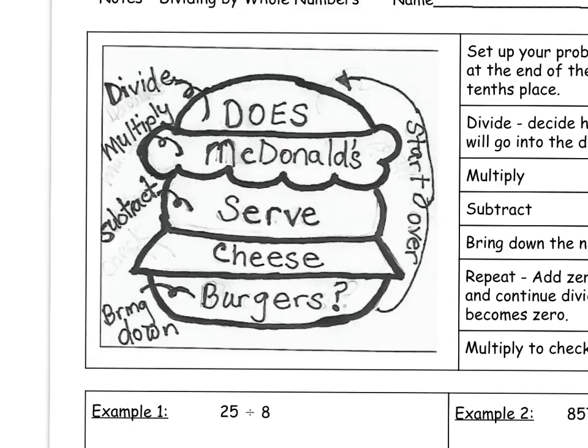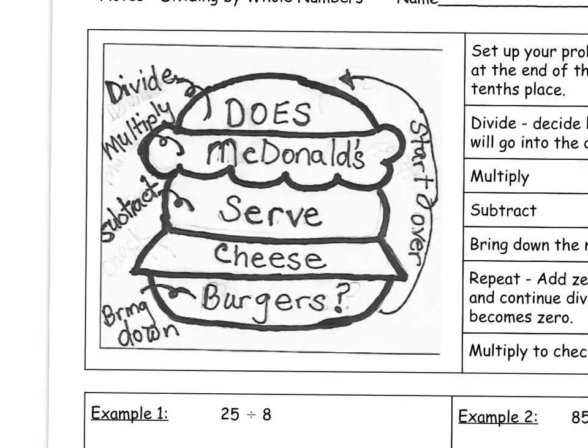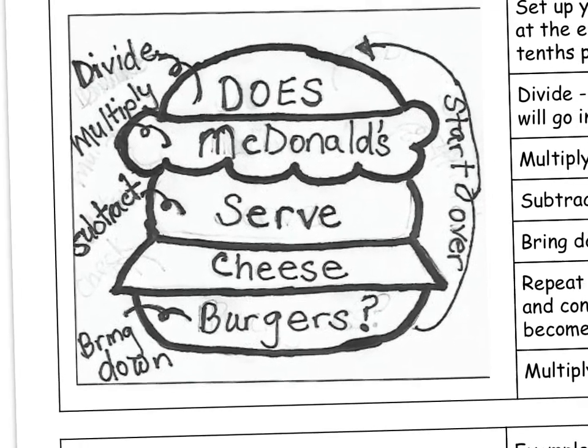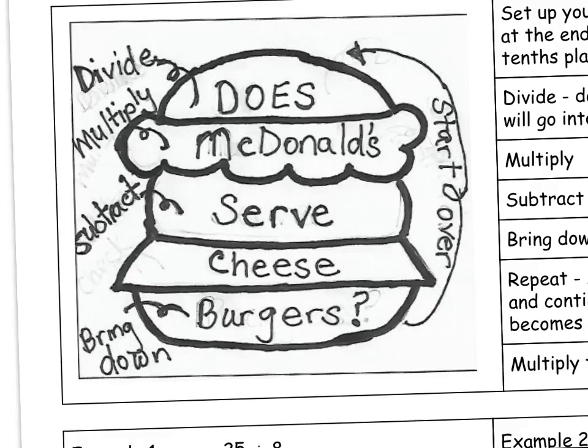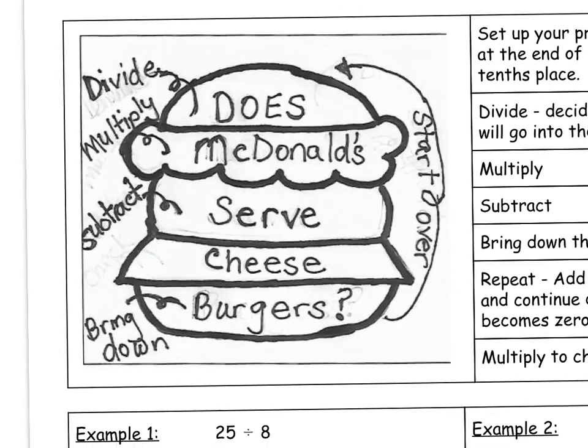After you bring down each digit, remember you're only bringing down one digit at a time, you start the process over. This is a neat little way to remember the steps in division, and you can always color this hamburger in so that it's a little more delicious.